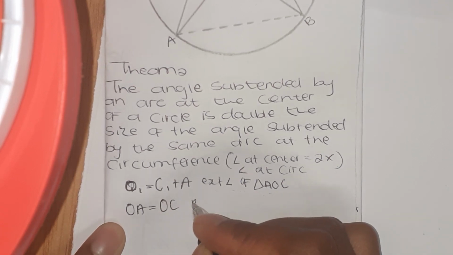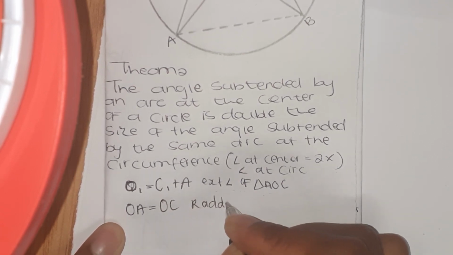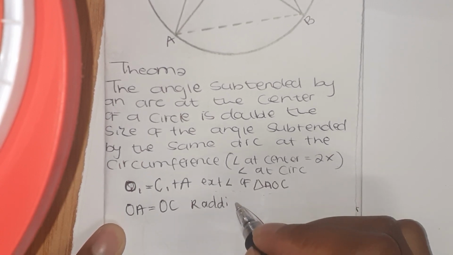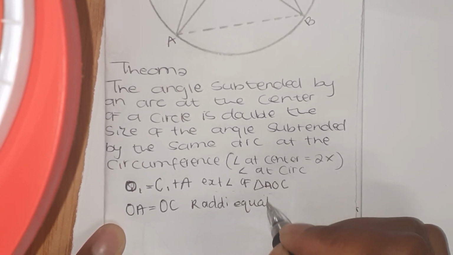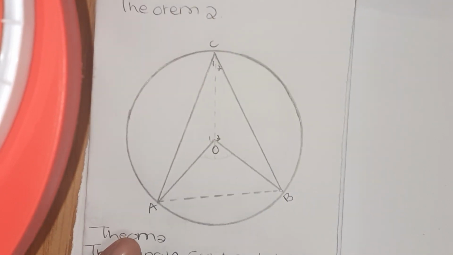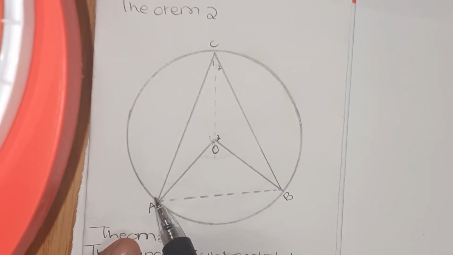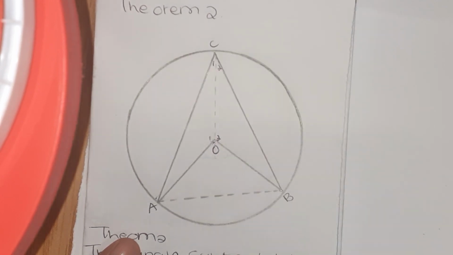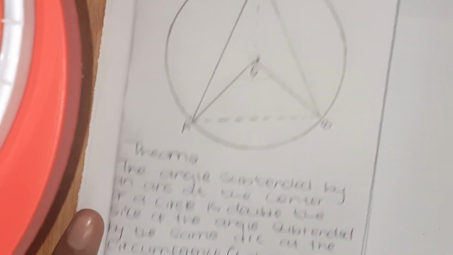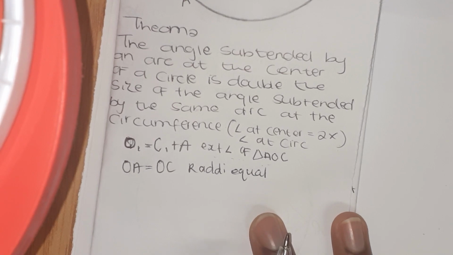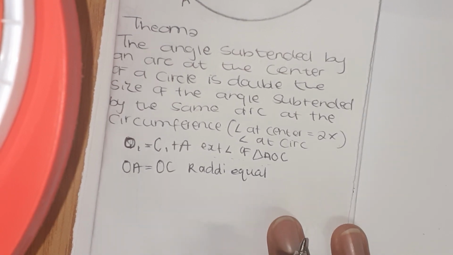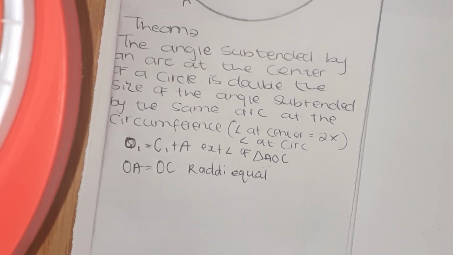What is that? It's radius. You can say radius equal or just radius. Your teacher will know that this is drawn from the center to the circumference, so they are the same. You see how easy this is, guys? You just have to know. Even if you get a very complicated question, you can figure this out if you really apply your mind and the theories that you have learned.